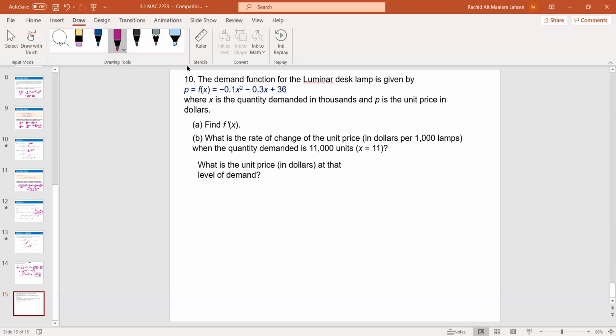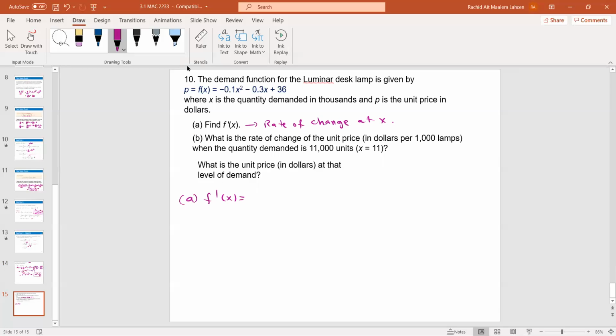So we have a demand function for the luminar desk lamp given by this P or f of x, where x is the quantity demanded in thousands and P is the unit price in dollars. So find the derivative, which means find the rate of change at any given x, to do the formula.